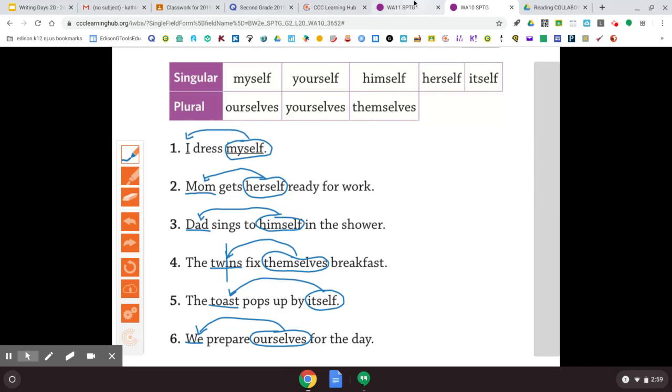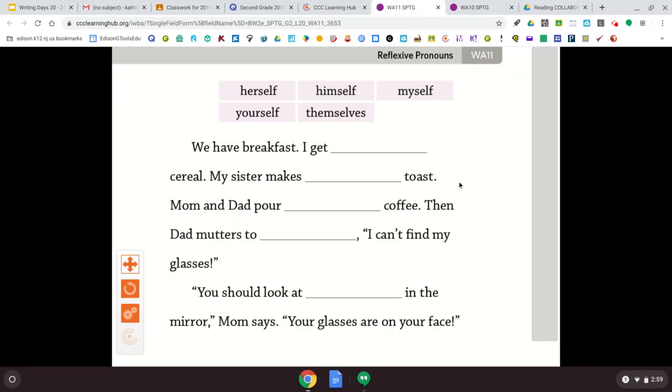Okay, so now, boys and girls, we're going to go to this page and we're going to look at this one. This time, you're going to read a story that's missing some pronouns. So we're going to see if we can fill in the reflexive pronouns to complete this little story.